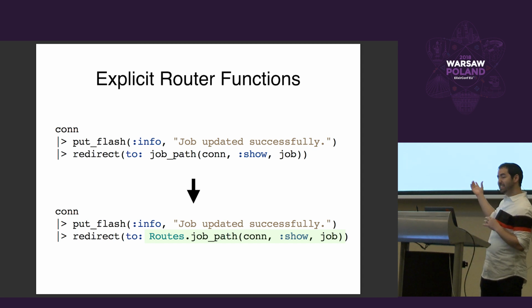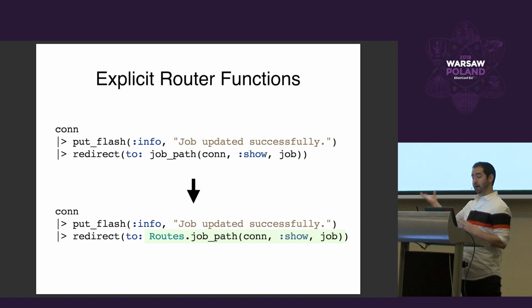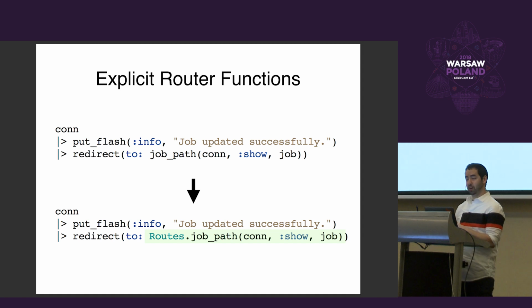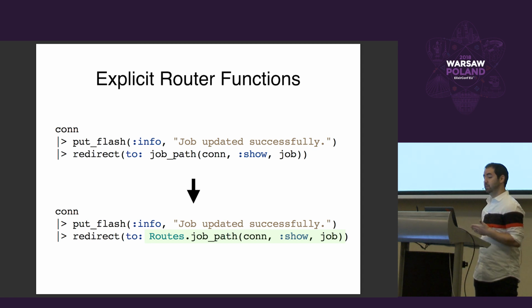So you have functions that seemingly appear out of nowhere, like job path here. It reads nicely, I can say redirect to job path, but where is job path defined? If I try to do a project search as a newcomer for def job path, I'm not going to find it. So then I go into xdoc and I try to find where job path is defined. I'm not going to find it in xdoc either.